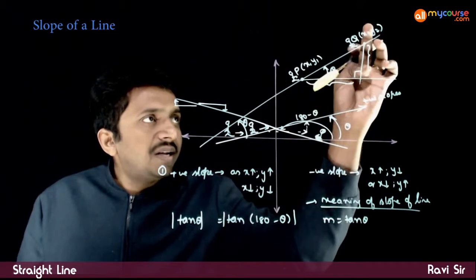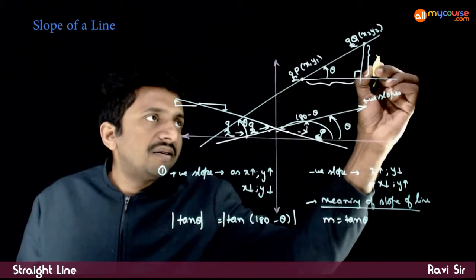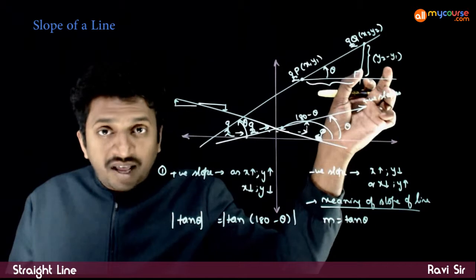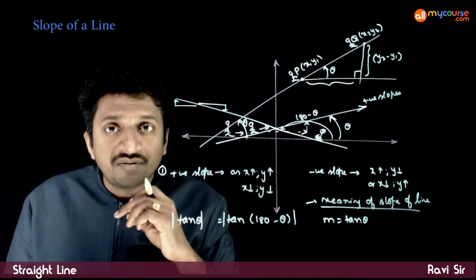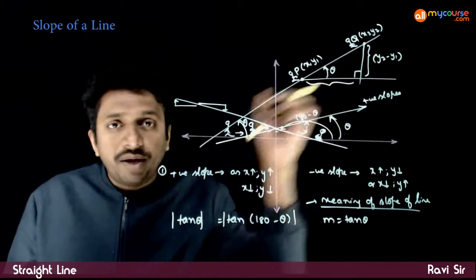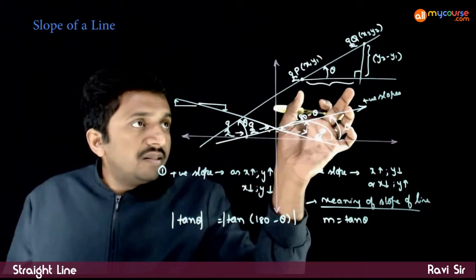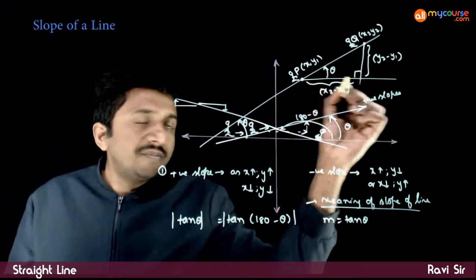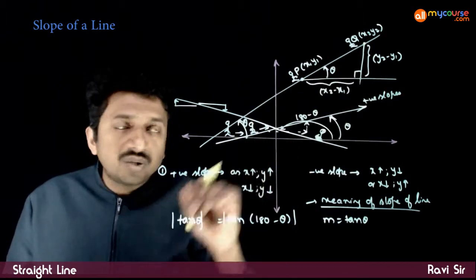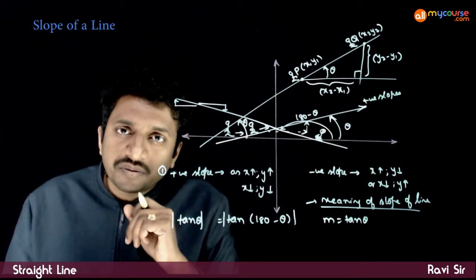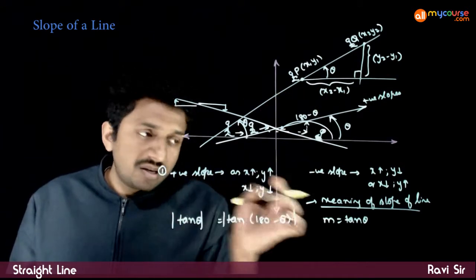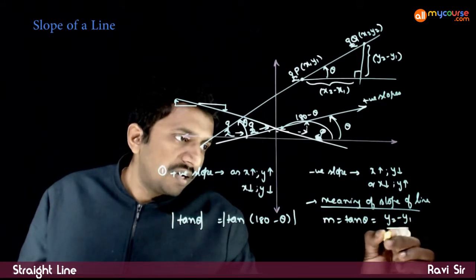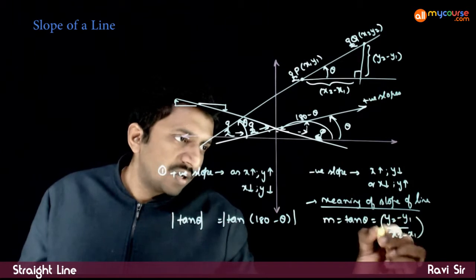What is this side? This side is nothing but the difference between the y coordinates, y2 minus y1. We have seen a similar expression when we derived section formula. So this is y2 minus y1. This is x2 minus x1, right? This distance is y2 minus y1. This distance is x2 minus x1. So tan theta, the slope, is nothing but y2 minus y1 by x2 minus x1.